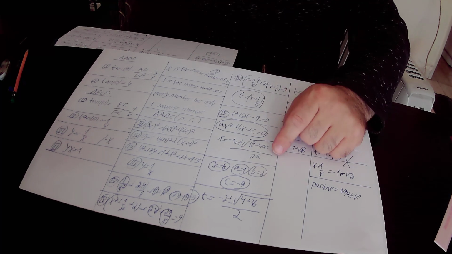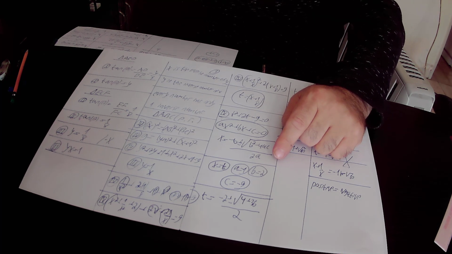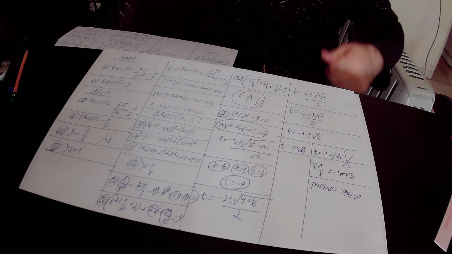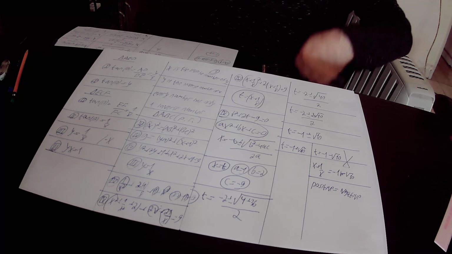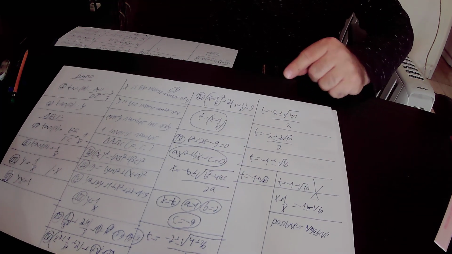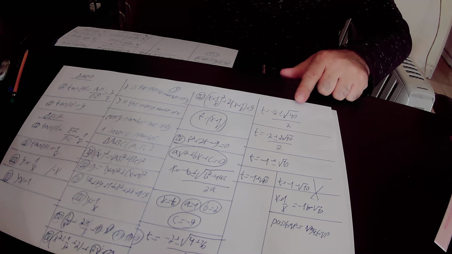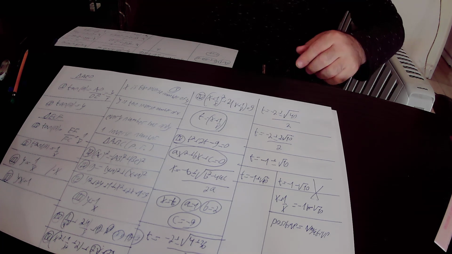This is actually minus 4 times 1 times minus 9, that is 36, all divided by 2. 4 plus 36 is 40, so in conclusion we found that t equals minus 2 plus or minus the square root of 40, over 2.